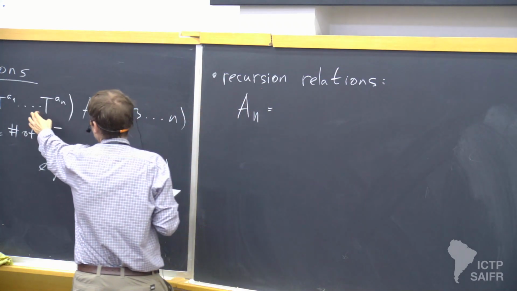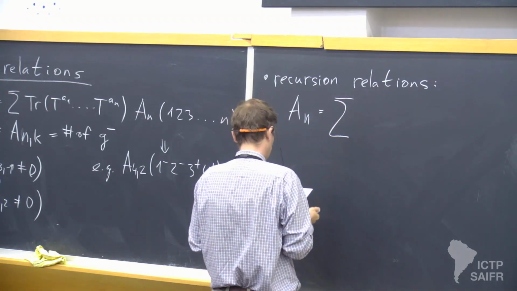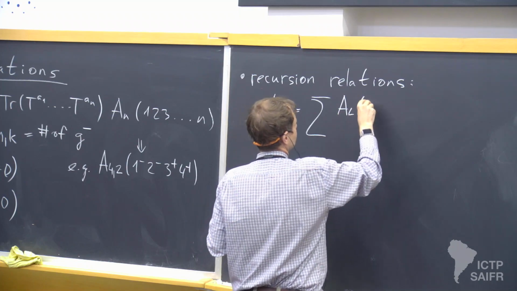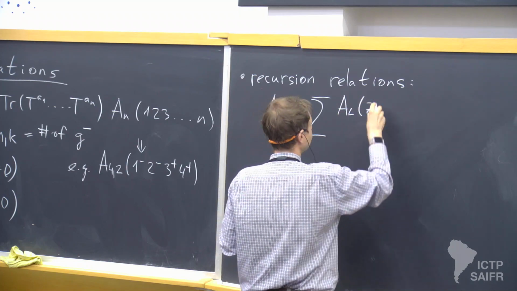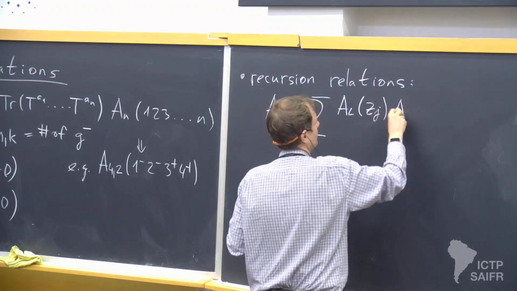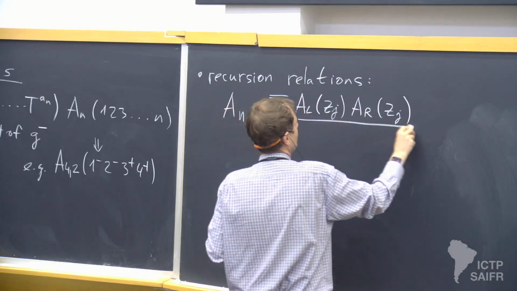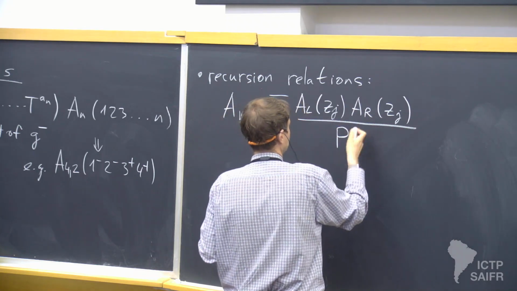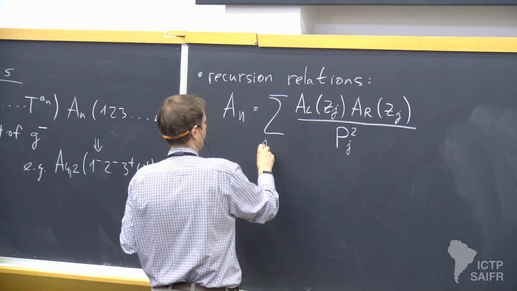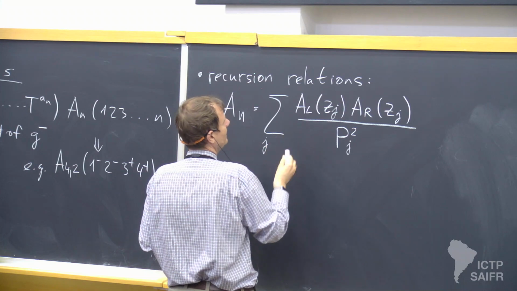But these formulas work for any k, so I can also drop it. Here it was a sum of the amplitude on the left side of the factorization channel, the amplitude on the right side, divided by pj square, where j runs over all factorization channels.